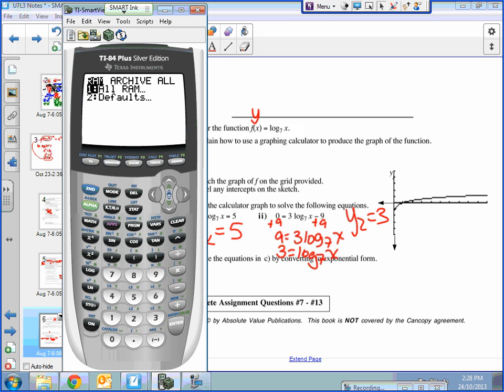Did it clear? So if you press enter, you just go down to reset. So you just go down and then press enter. Does that make sense?